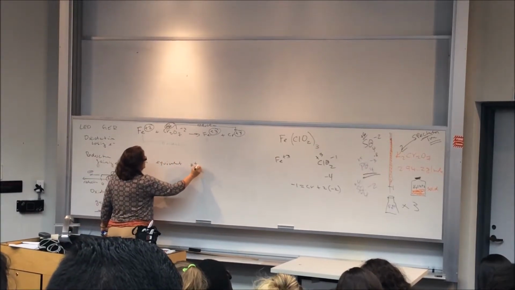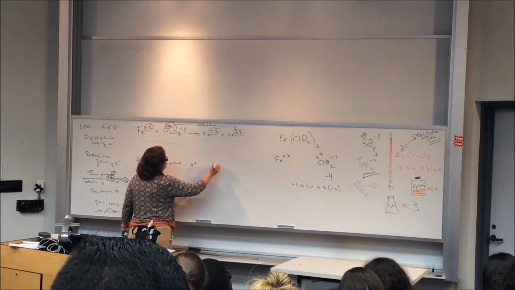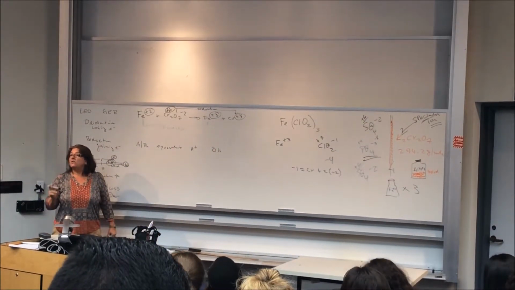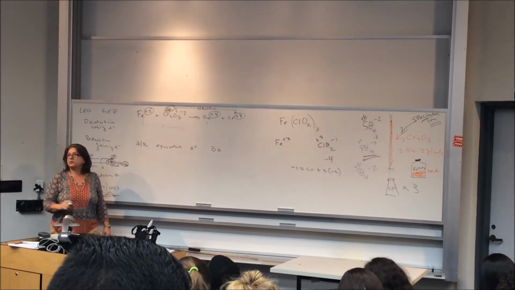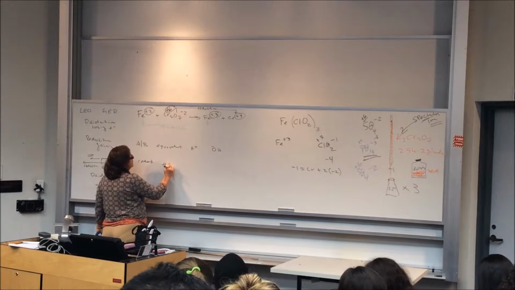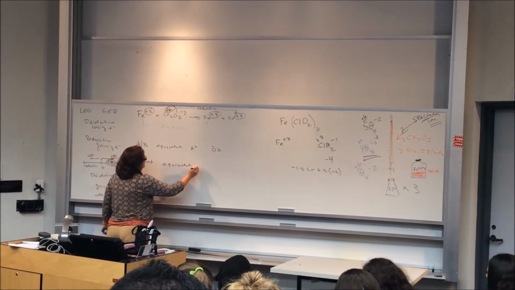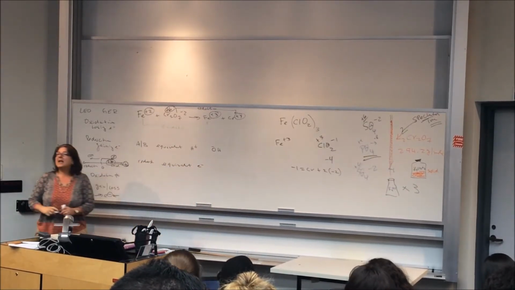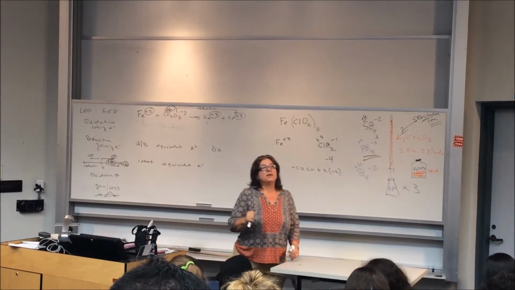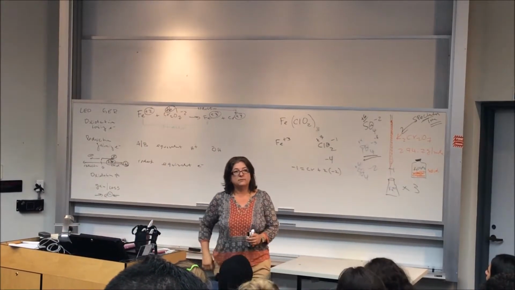For acids, it was the H+. For bases, it was the hydroxide. You know what the equivalent is in redox? The electron. In redox, the equivalent is the electron. I earlier defined the equivalent as the business end of the molecule, and that's very true.